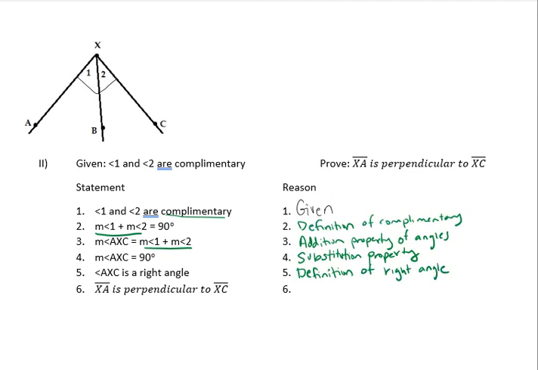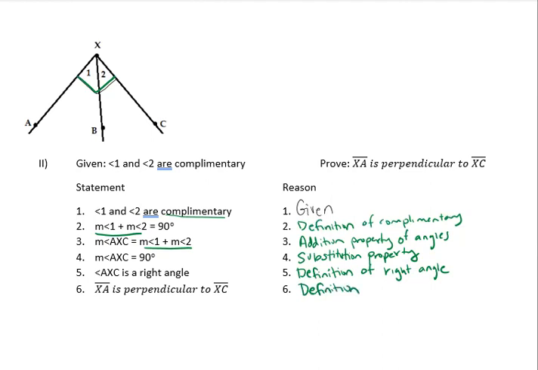And then because this is a right angle and 90 degrees, then XA must be perpendicular to XC. And that would be the definition of perpendicular. Perpendicular means that they form right angles. So if we have a right angle, then those two lines must be perpendicular. So again, we use a lot of definition reasonings on this one, but that's what we do sometimes.